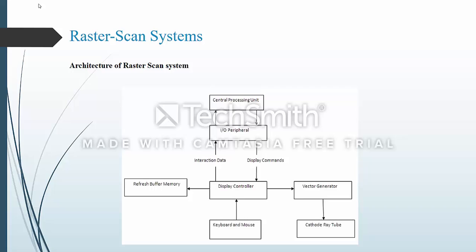The lines are scanned from left to right, and when a line is finished, the controller moves to the next line and scans it from left to right and so on. Then a frame buffer memory which holds the coordinates of all the screen points is used to determine the coordinates of the screen. After that, the actual image is produced in a cathode ray tube.